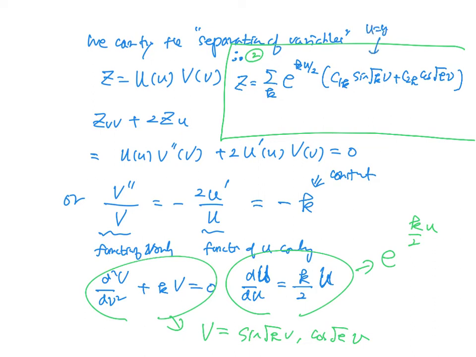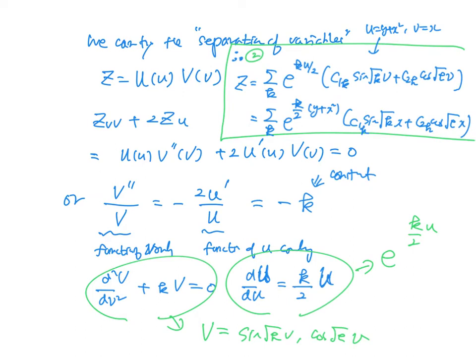U was y plus x squared, v was x, right? The solution is something like sum over k of exponential k over 2 times y plus x squared, c1k sine root kx plus c2k cosine root kx.